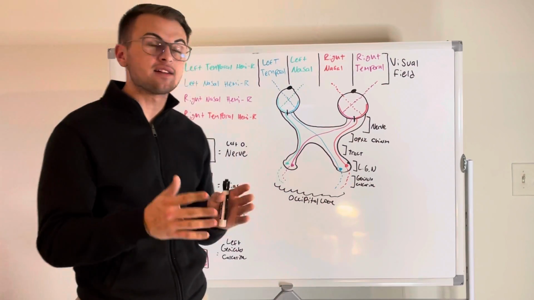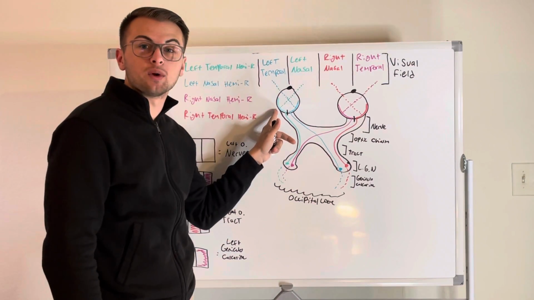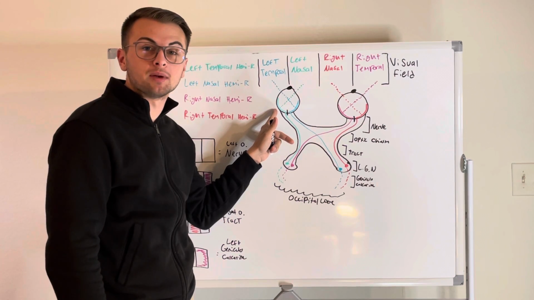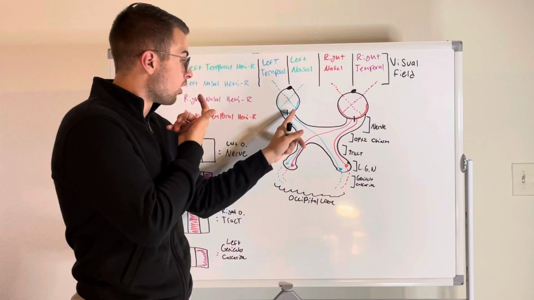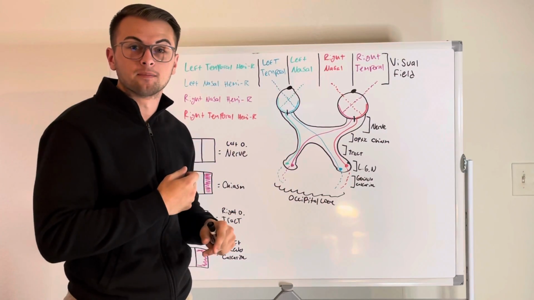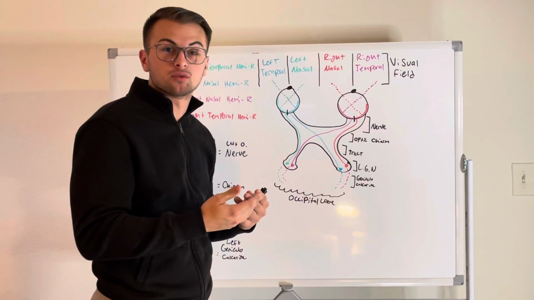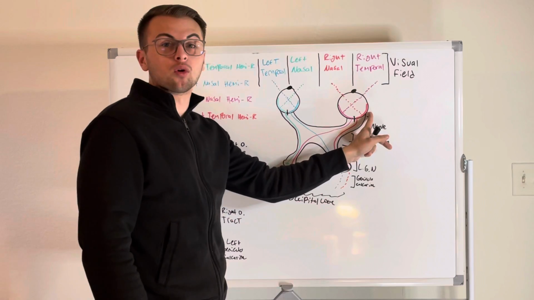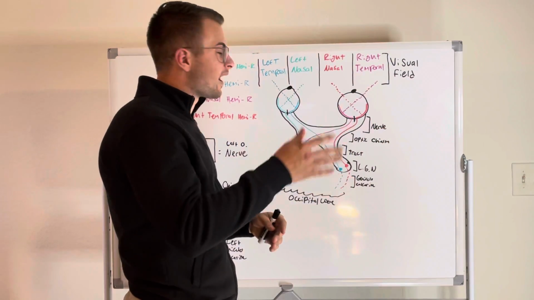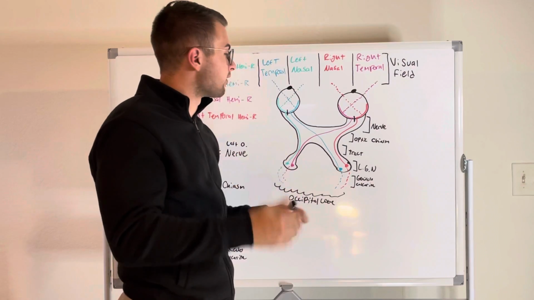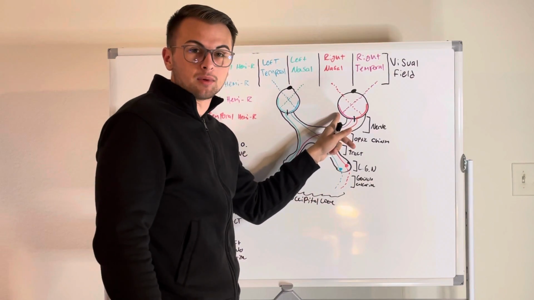So on the left side of the left eye, we have what is called the left temporal hemiretina. And in the left eye near the nose, we have our left nasal hemiretina. On the right side of the right eye, we have our right temporal hemiretina. And on the right eye, near the nose, we have our right nasal hemiretina.